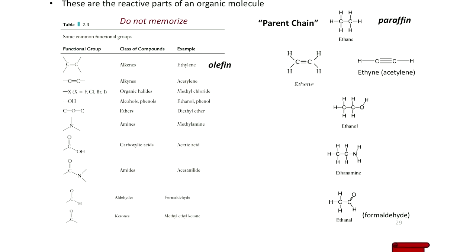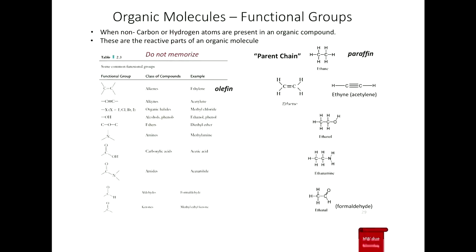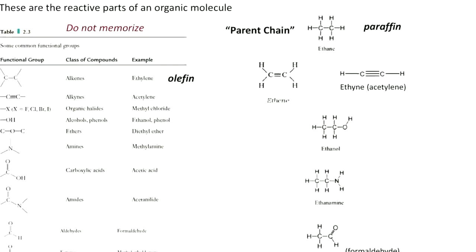I just want to show you the wealth of information of organic molecules. You might see words like paraffin, olefin. Those might be words you're used to hearing. Paraffin means hydrocarbon that's saturated. Olefin means double bonds.